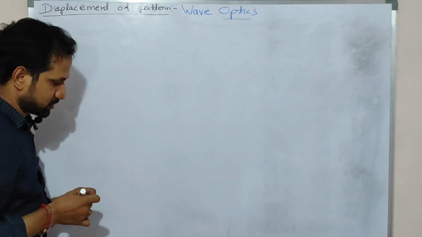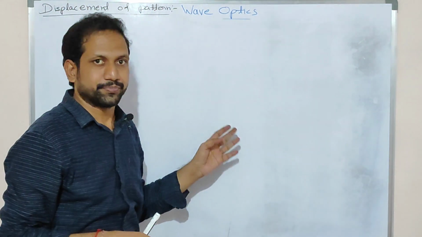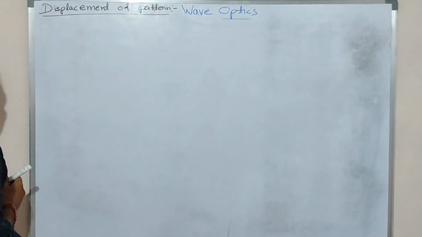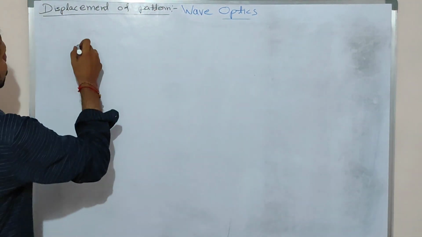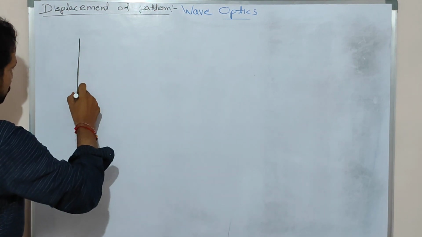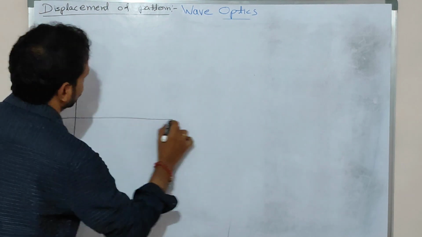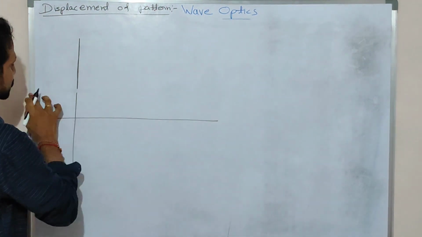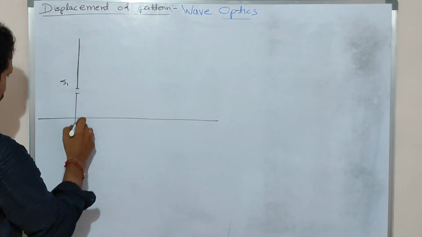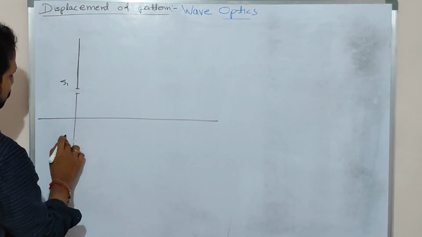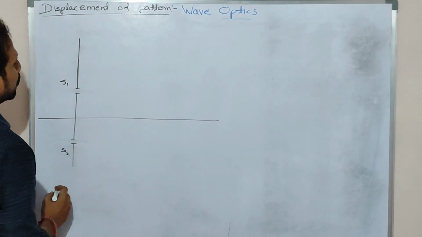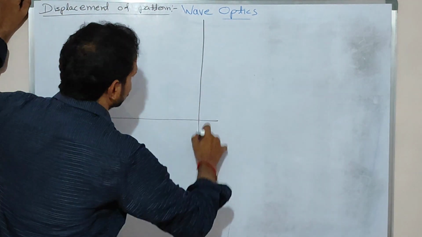So the interference pattern is observed on the screen, and that pattern will be shifted. Why it is shifting, we are going to discuss with the diagram. Say this is the slit S1 with width, and the same distance here, S2, and here is a screen.